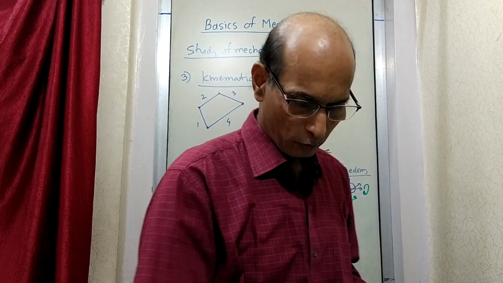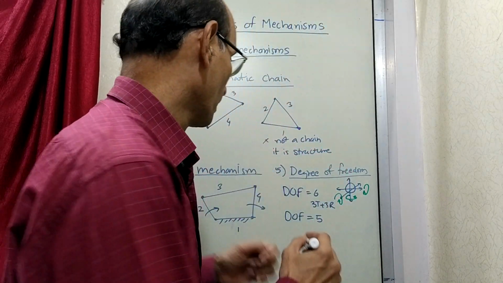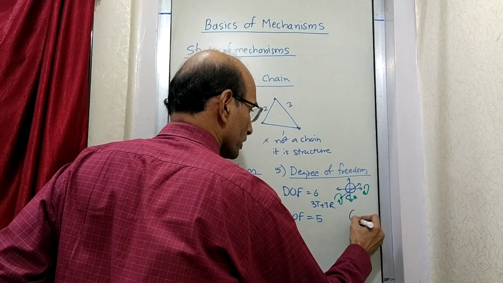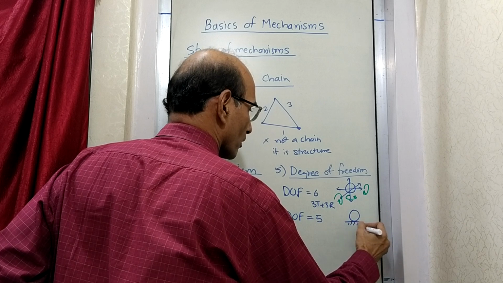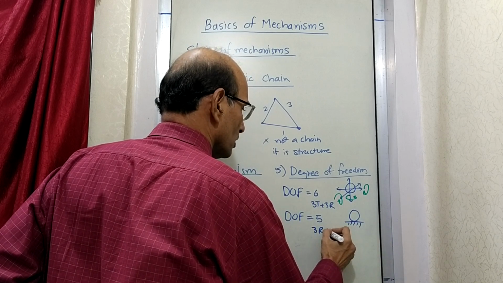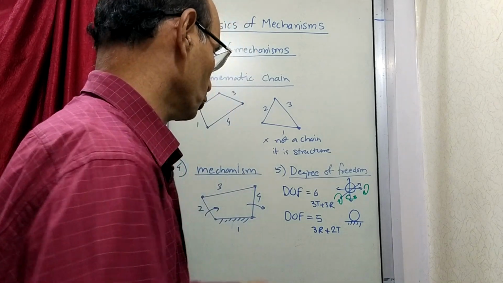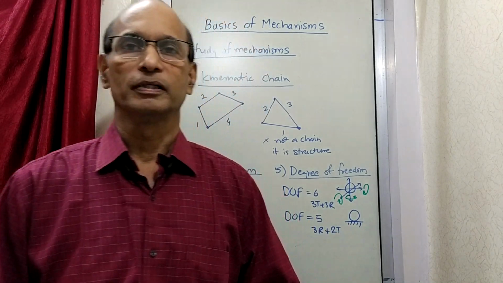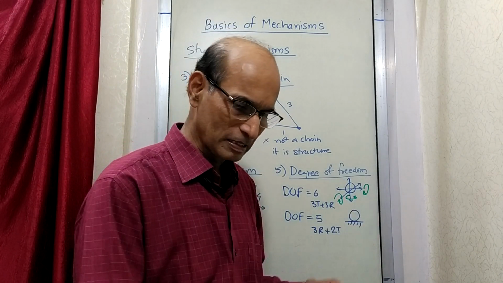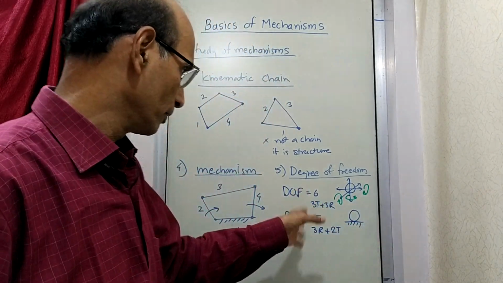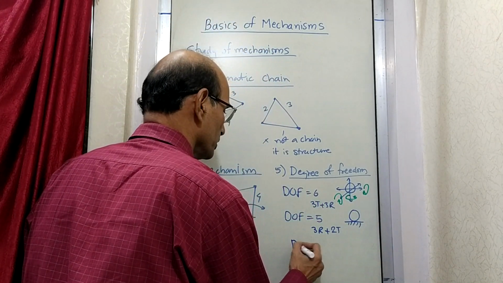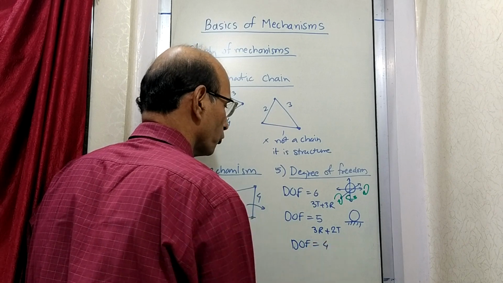That means all three rotations are possible, but translations are only two. So therefore the degree of freedom for this case is 5. There can be other examples also, but I am giving you this example right now. Then the DOF equal to 4.